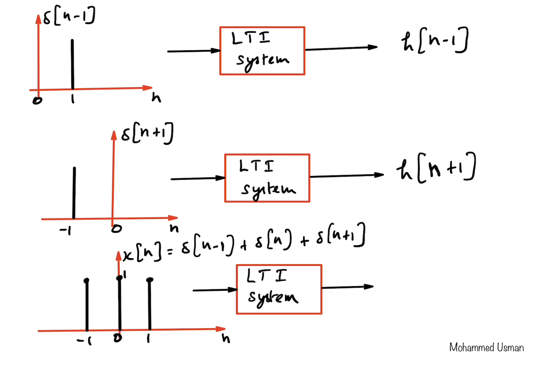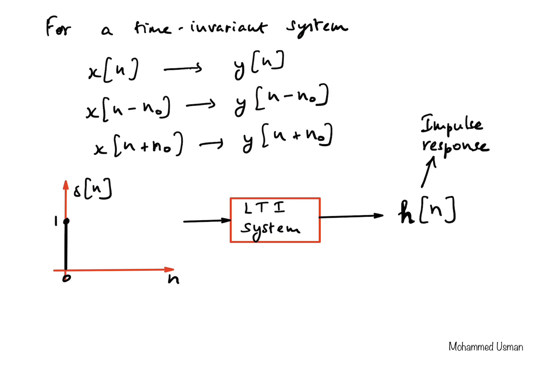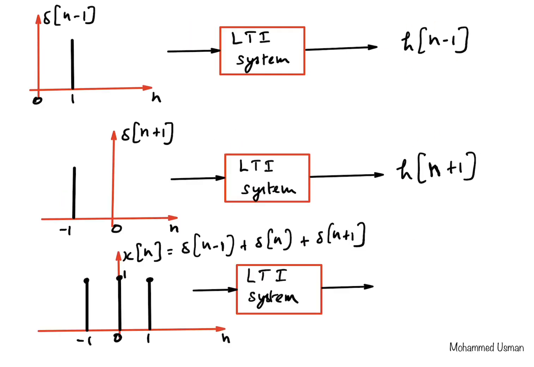So it is represented as a linear combination of the inputs delta of n minus 1, delta of n, and delta of n plus 1, where the weights or scaling factors are equal to 1. It's 1 times delta of n minus 1 plus 1 times delta of n plus 1 times delta of n plus 1. So the overall output of this system is going to be a linear combination of these individual outputs, that is h of n plus h of n minus 1 plus h of n plus 1.